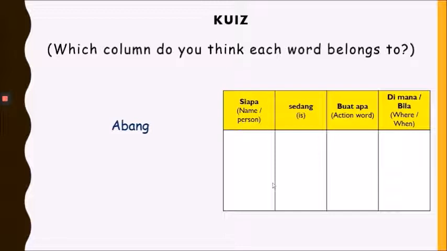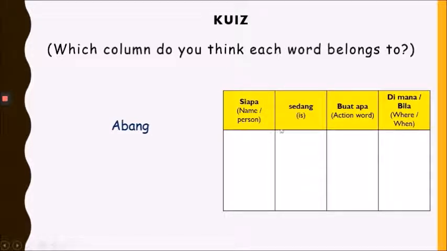Okay, now we're gonna do a little short quiz, okay? And we're going to guess this word here. Should we put it at this column, siapa? Or this column, sedang? Or this column, buat apa? Or is it this one, di mana or bila? Okay, abang. If you think it should be at column number 1, siapa, you show me your finger number 1.